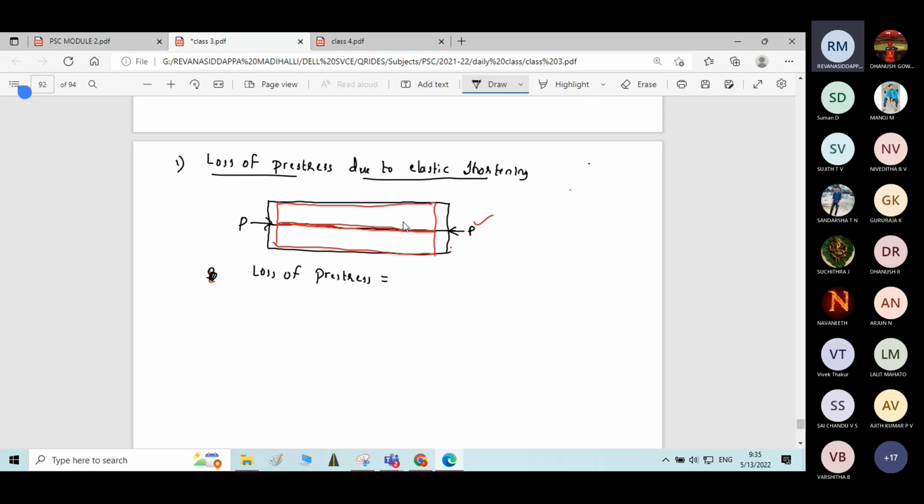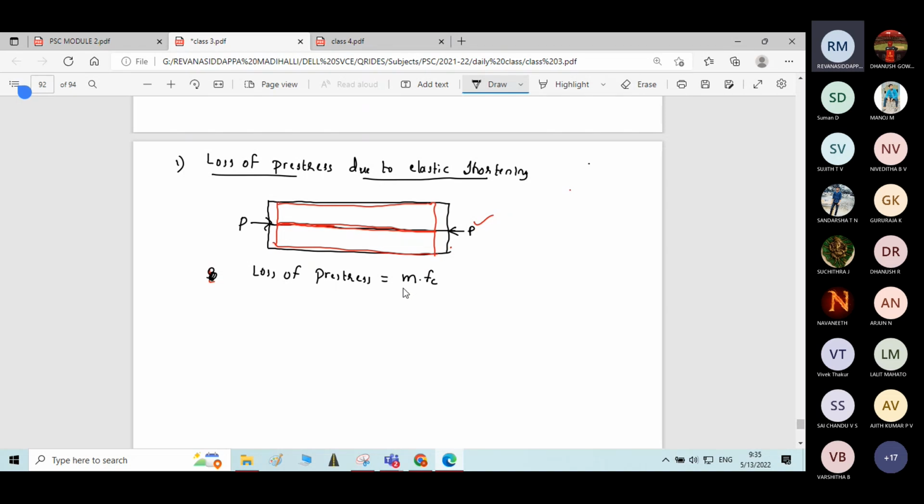Material property means it may be the property of the concrete or the property of the tendon. So this loss depends on both material properties. It mainly depends on the modular ratio m into the stress in concrete at the level of steel.